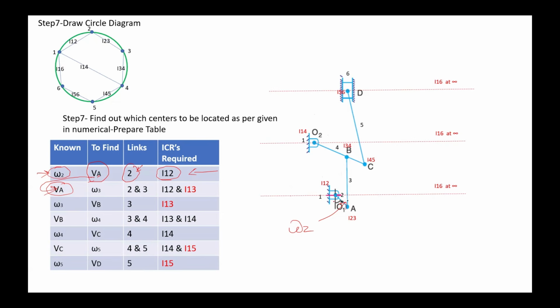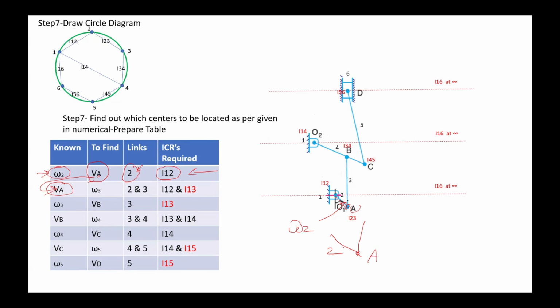Now this point A, if you come here on A, is the common point of link 2 and link 3. This is link 2 and this is link 3, and A is coming here.